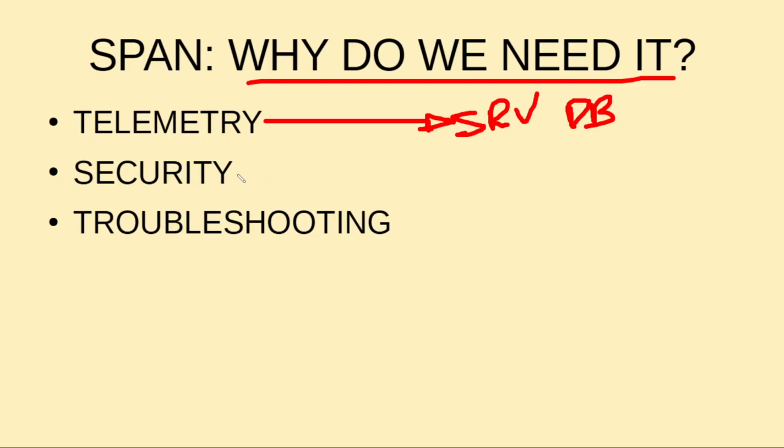You could also perform security activities. For instance, you could send this copy to a security device, for instance, an IDS. So you could be able to detect malicious traffic in real time and take actions as soon as possible in order to prevent attacks within your network.